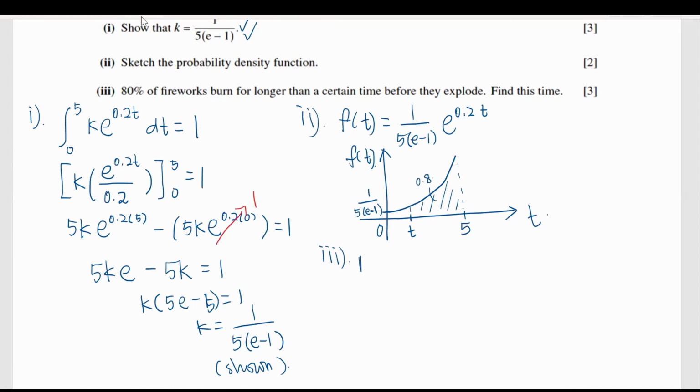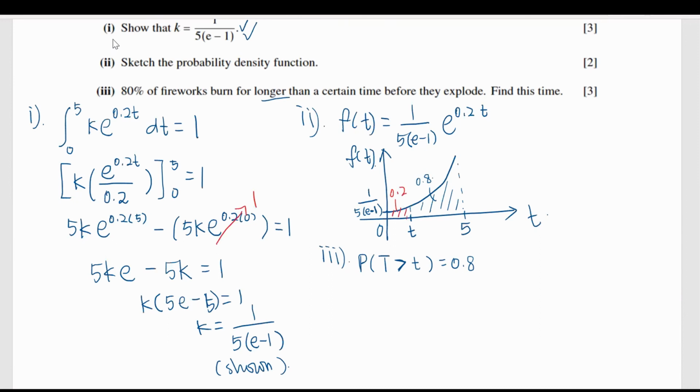So which means we are going to find the probability that the time more than the small letter t is equals to 0.8, right? 80% longer than, so more than the t. So at the same time, it means that here is going to be 0.2.